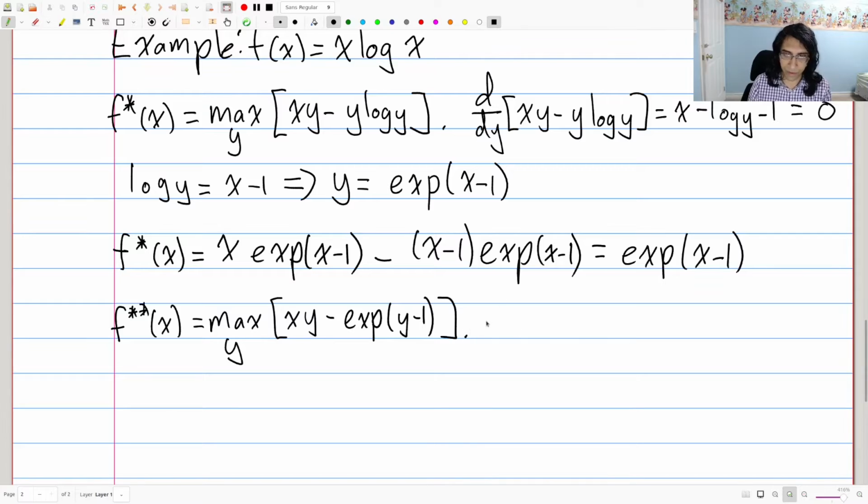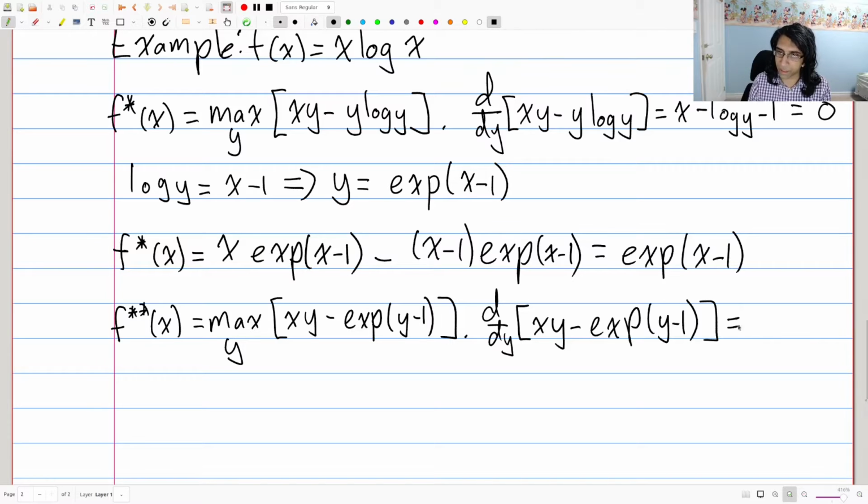And then we take the derivative, d by dy of xy minus exp of y minus 1. This is equal to x minus exp of y minus 1, since exp is its own derivative.